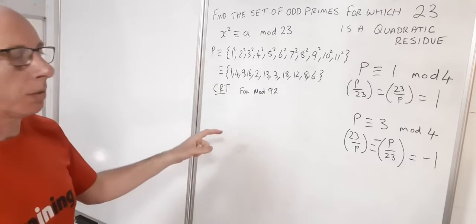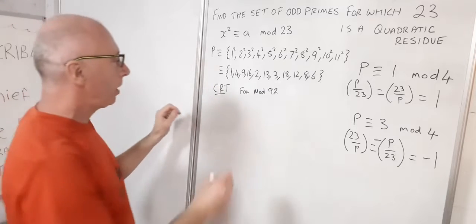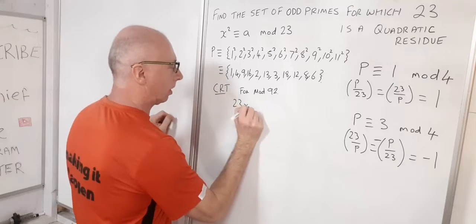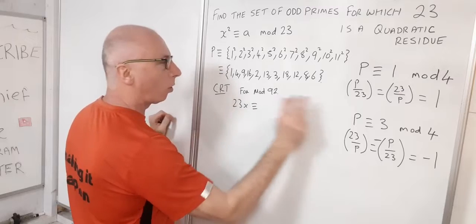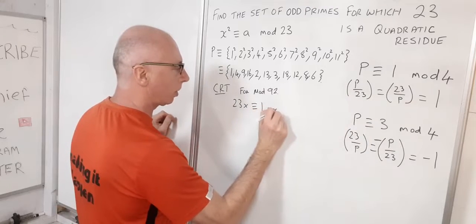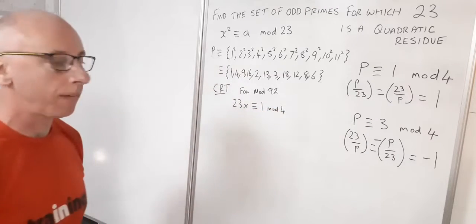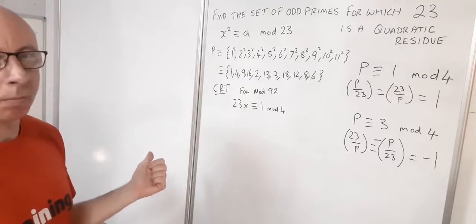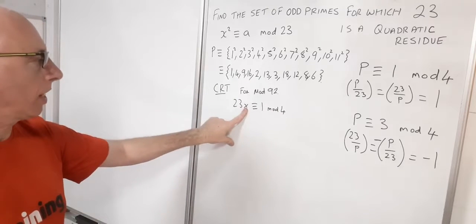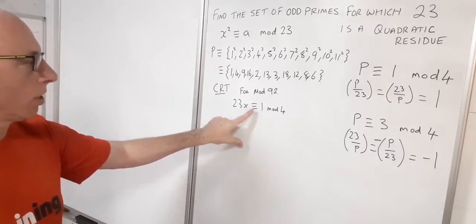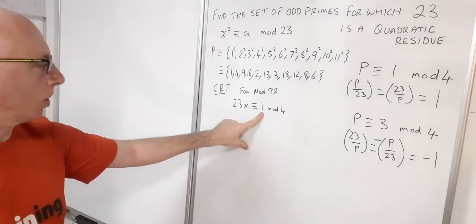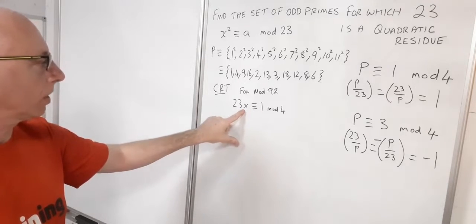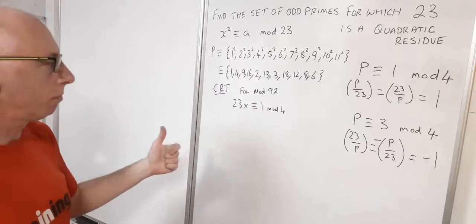What we now need is 23x congruent with 1 modulus 4. We need a solution for that first. That's going to be our multiplicative inverse. For this, 1 is not going to work, so 3 must work as we've got an odd number here. So 23 times 3 is 69, and 69 is congruent with 1 mod 4.